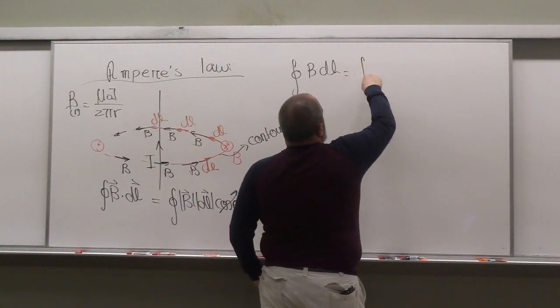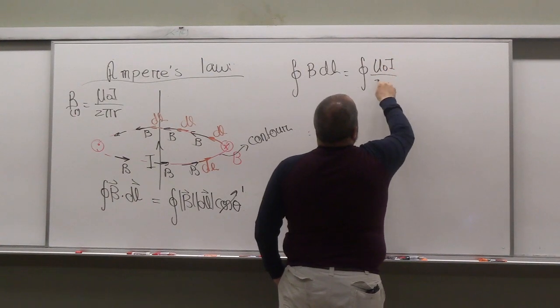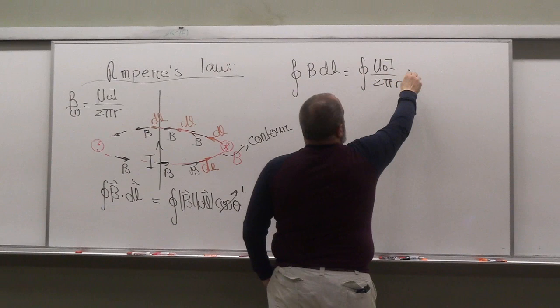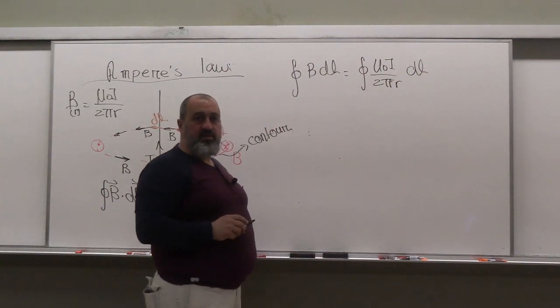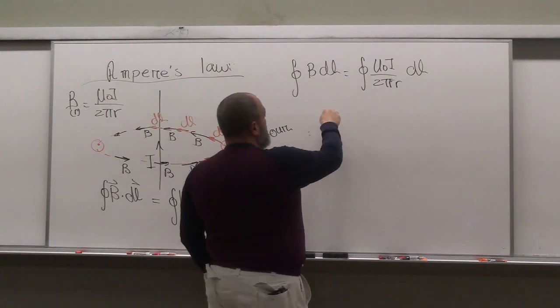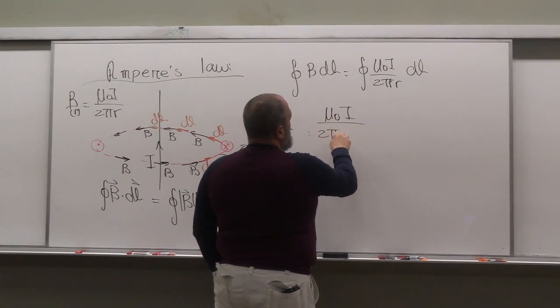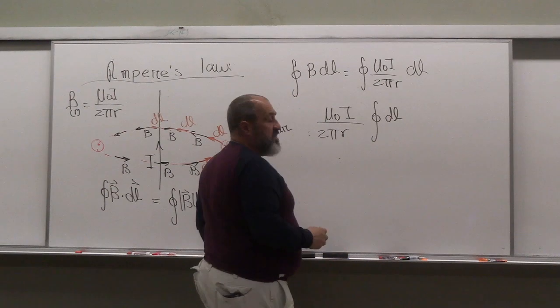That's going to be equal to the integral of B, which is equal to mu naught I over 2 pi r times dl. Okay? And don't worry about the integration limits, pretty straightforward right now. What is constant in this case is mu naught comes out of the integral, I is constant, 2 pi, r is constant. This is the integral of dl around the closed contour, and that's simply what?